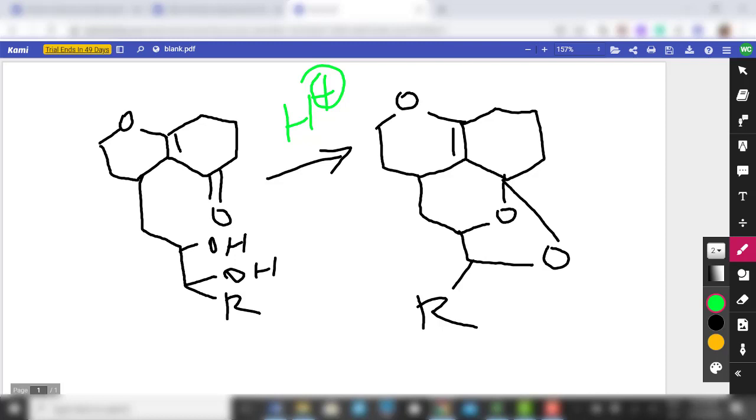For most nucleophilic additions involving ketones and aldehydes in an acidic medium, we will normally protonate the carbonyl oxygen first.